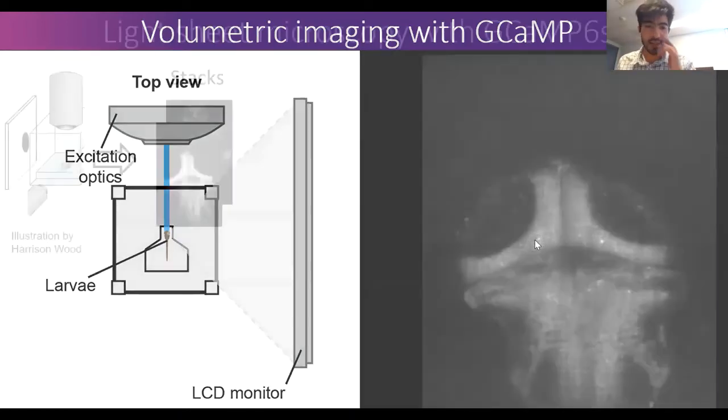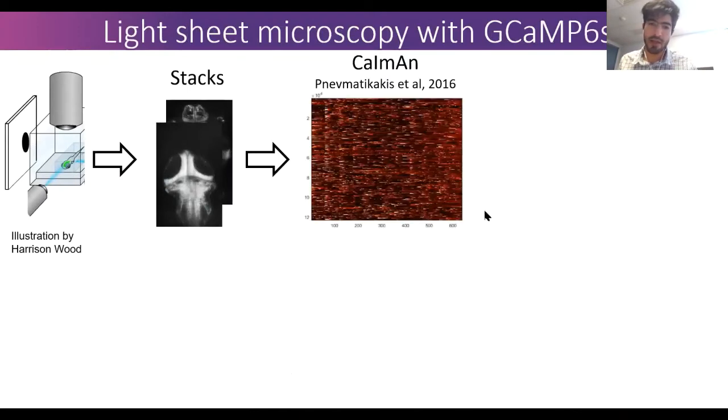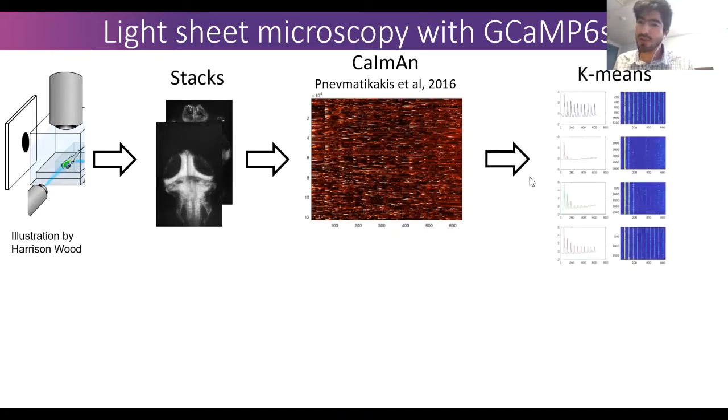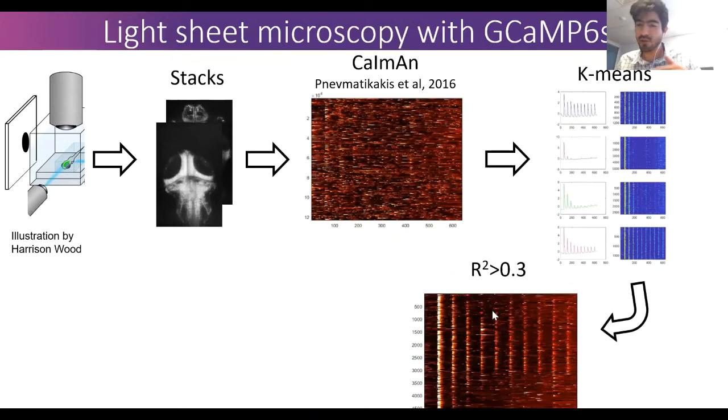To analyze the data, we have a workflow in which we first use software called CaImAn, developed by another group, that allows us to segment and detect the individual ROIs that usually correspond to individual neurons. Then we use clustering methods to find similar types of responses and the ones that are responding to our stimulus train, the ones that could be interesting for us. Then we use a linear regression to filter out some of the responses that are not clean enough.